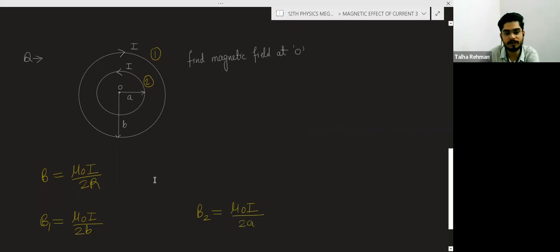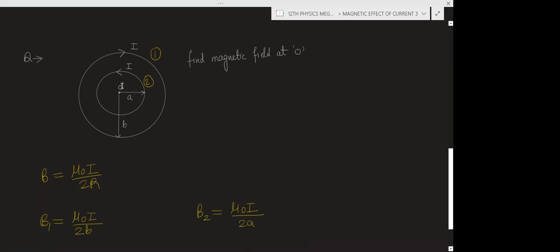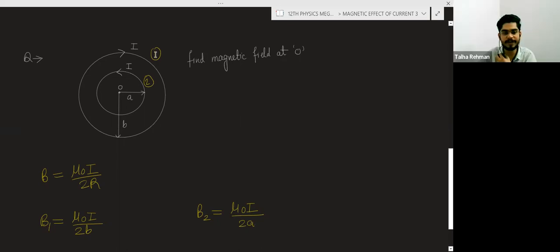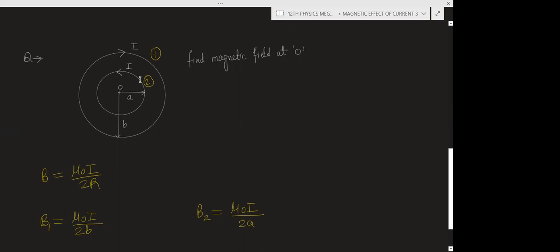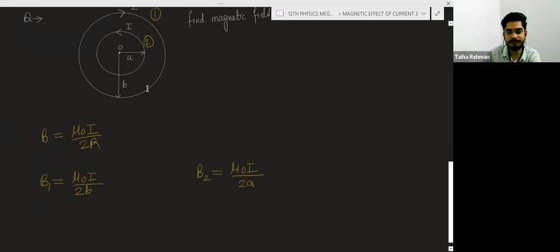Okay. And now can you find the direction of magnetic field due to this wire 1, Hamza? Inwards or outwards? Due to the wire 1. Inwards. Very good. Inwards means negative z axis.